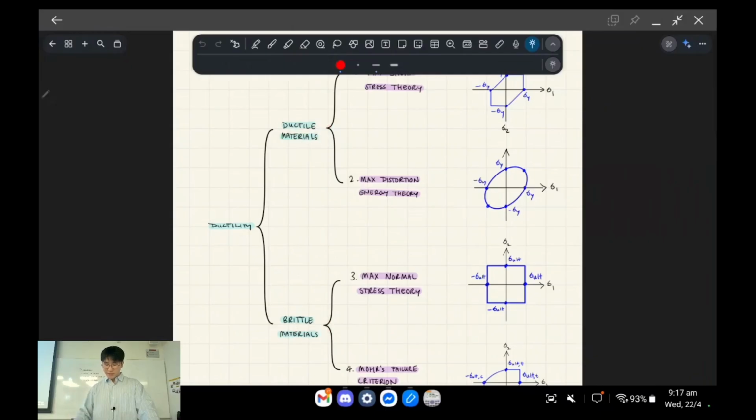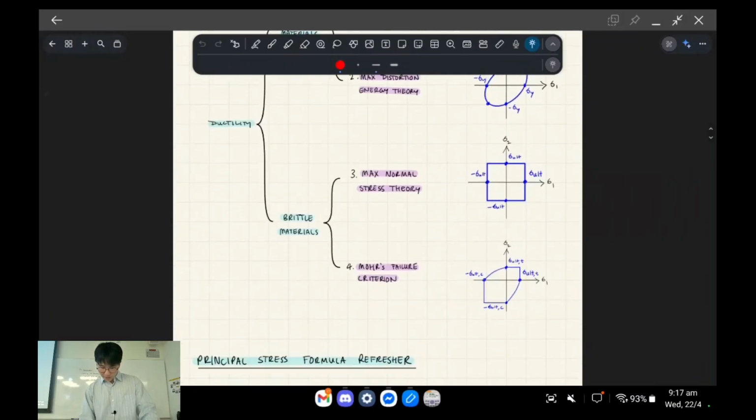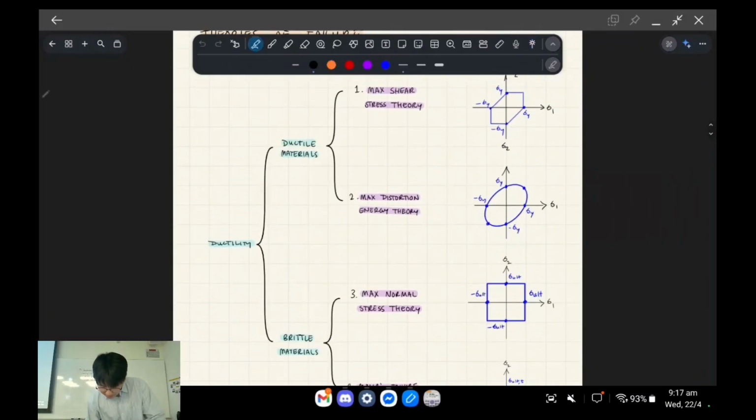Ductile materials, you can think of steel, aluminium, these kinds of things, since they're in a metal lattice, right? If you remember chemistry on that side, they behave in a ductile manner. They won't break suddenly, essentially, right? So there'll be a bit of yielding before it completely fails, right?